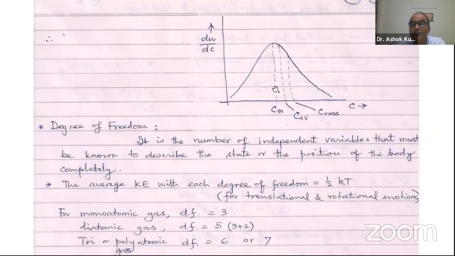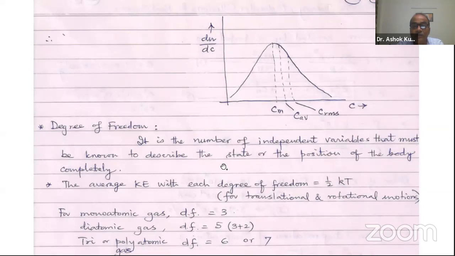Similarly, the information related to energy or kinetic energy is only possible when you describe Vx, Vy, Vz, right? So these variables are called degree of freedom. So I have written it is the number of independent variables that must be known to describe the state or the position of the body completely.